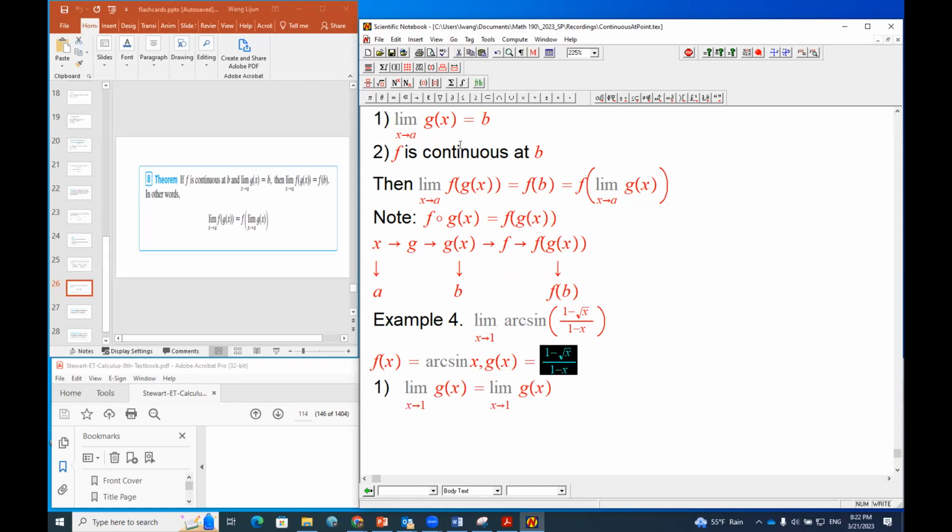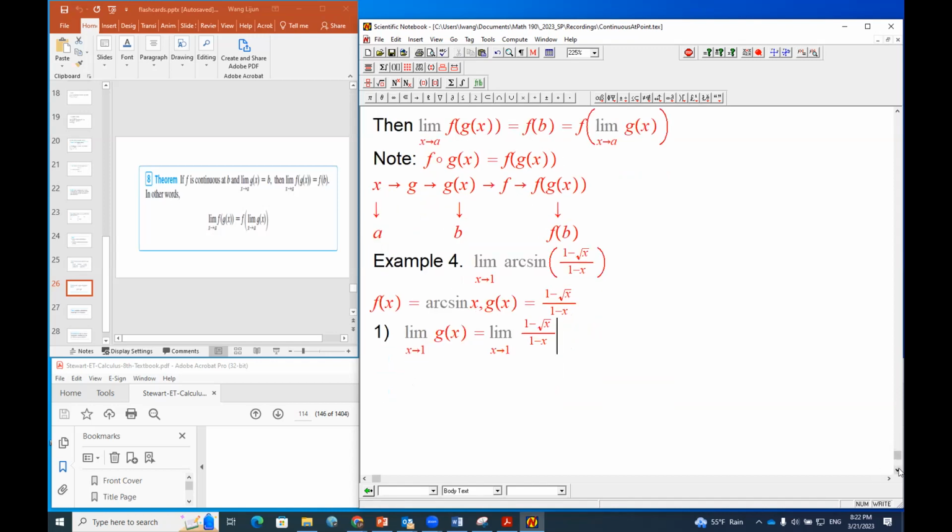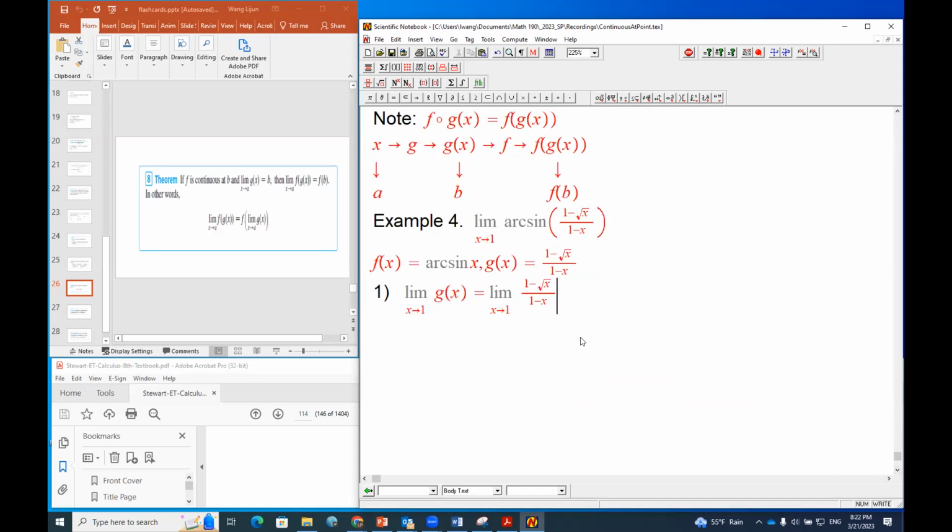Now the question is, when we look at the limit of G as X approaches 1, the numerator approaches 0 and the denominator approaches 0. We cannot directly substitute. What can we do? Maybe we can do some algebraic manipulation. What algebraic manipulation might you be thinking of? Conjugate, right?